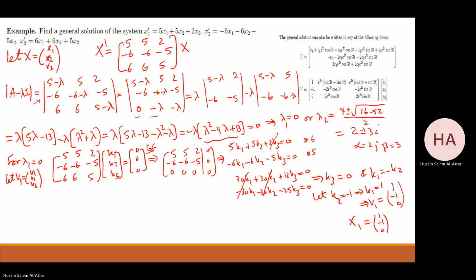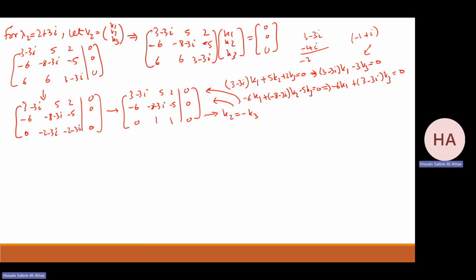Okay. Minus 6, minus 8 minus 3i. And that's 1, 5. Okay. Now I multiply by 1 and add. That will be 0. Multiply by 1 and add. That will be minus 2 minus 3i. And that will be minus 2 minus 3i. Good. So I divide by minus 2 minus 3i, that will be 1. Great. So this is correct.